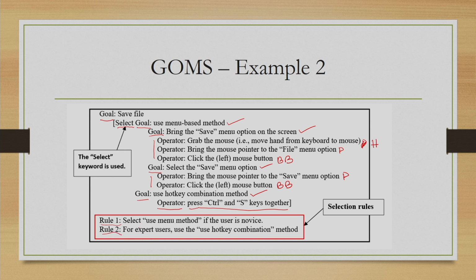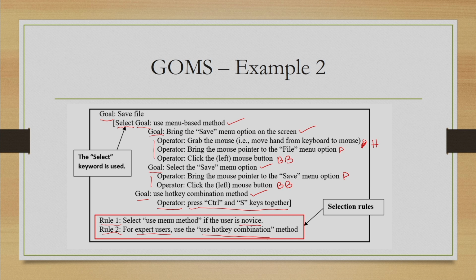And we stick to simplicity. So, both the rules are very simple. Rule 1 states that select user menu method if the user is novice, and rule 2 states that for expert users use the hotkey combination method. So, essentially we have to understand who the user is and accordingly apply this model with the specific method to model the behavior of the user.